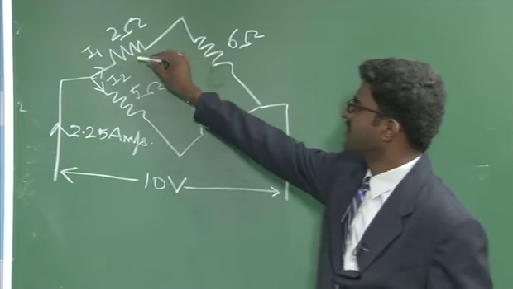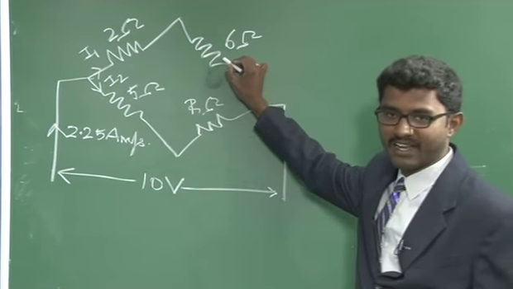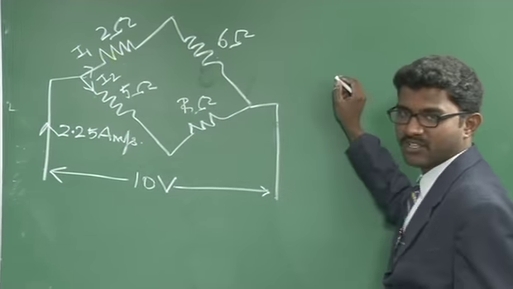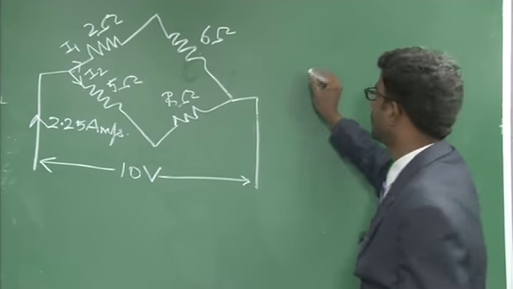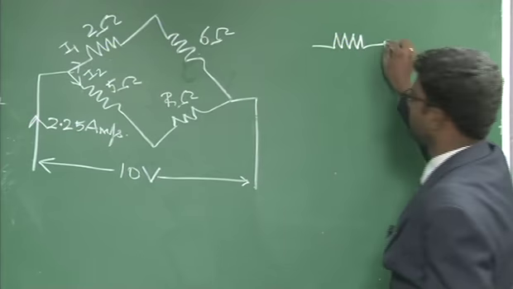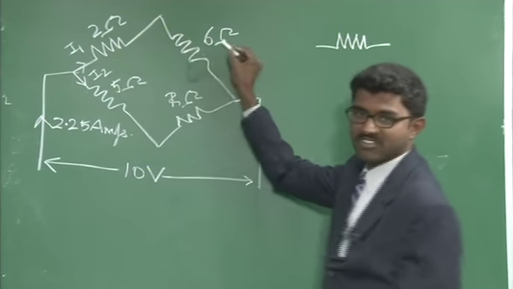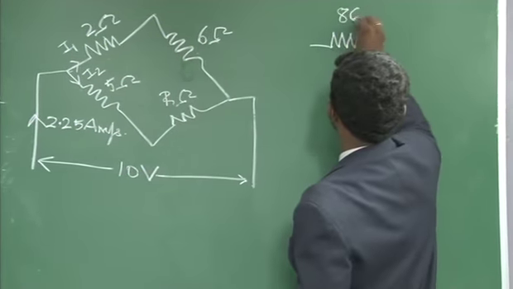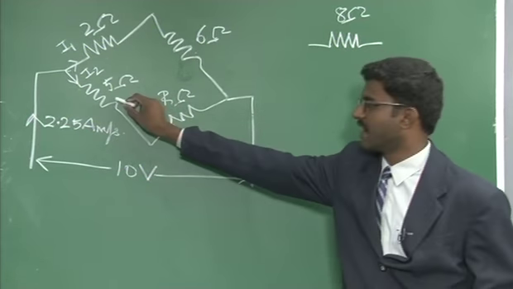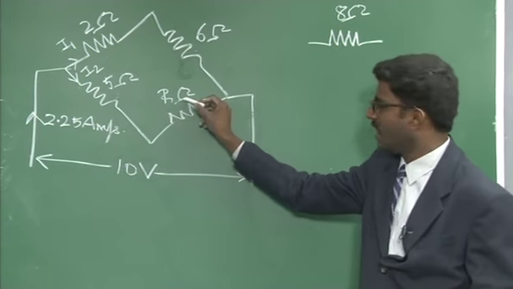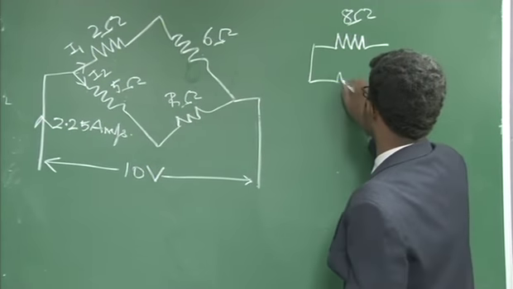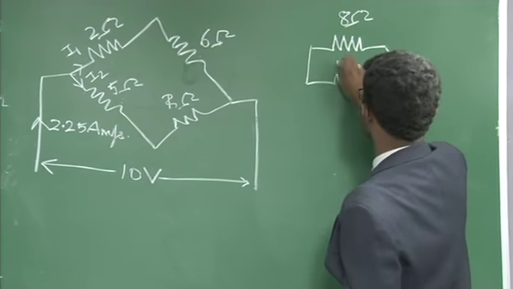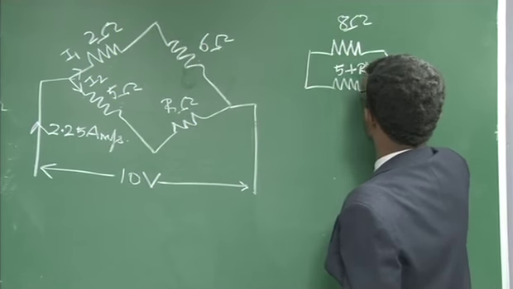You can see this 2 ohm and 6 ohm are in series. You know the series principle: whenever two resistors are connected in series, you sum them up. So 2 plus 6 will be equal to an 8 ohm resistor. Similarly, in this branch, the 5 ohm and the unknown resistance R are in series, so it becomes 5 plus R ohm.